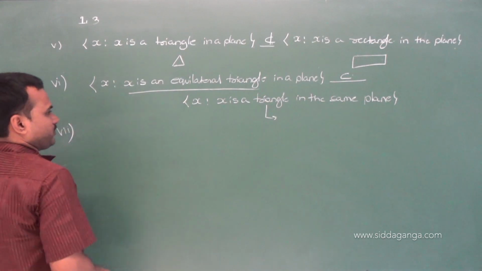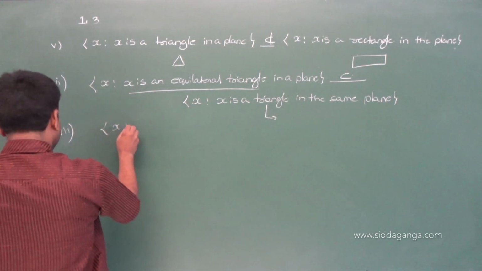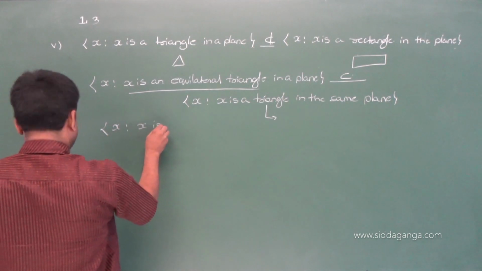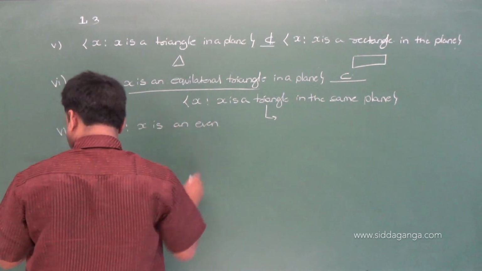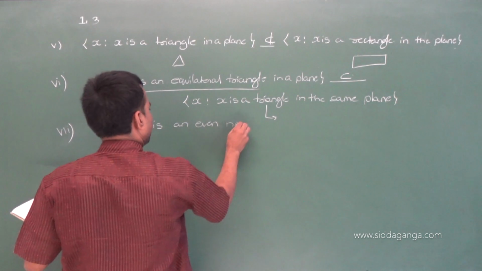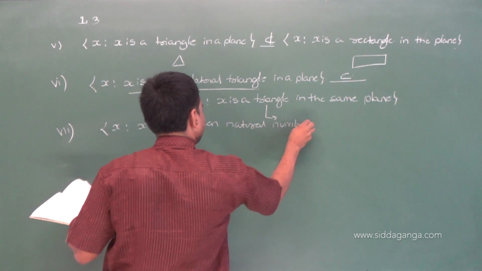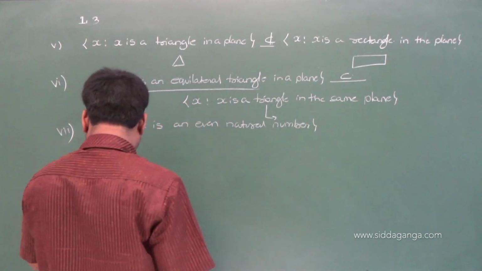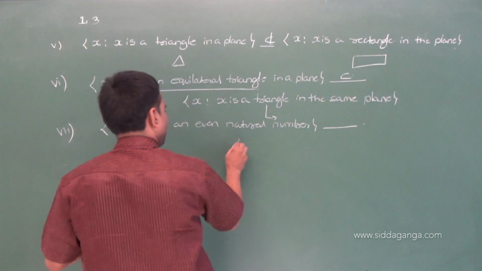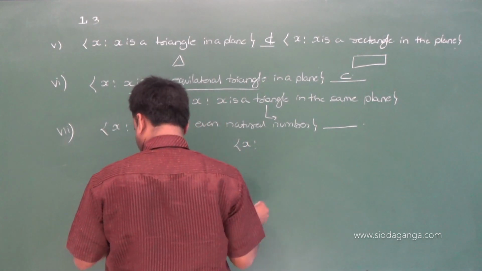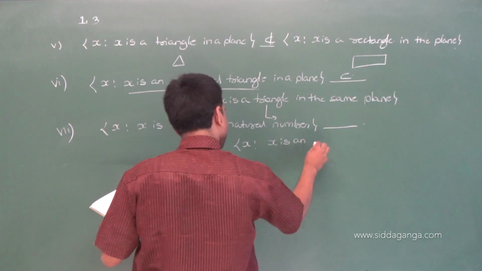Seventh question. X such that X is an even natural number. Even natural number, yes, I read below: X such that X is an integer.